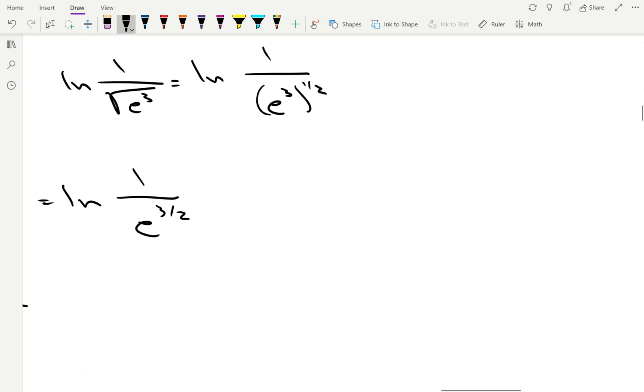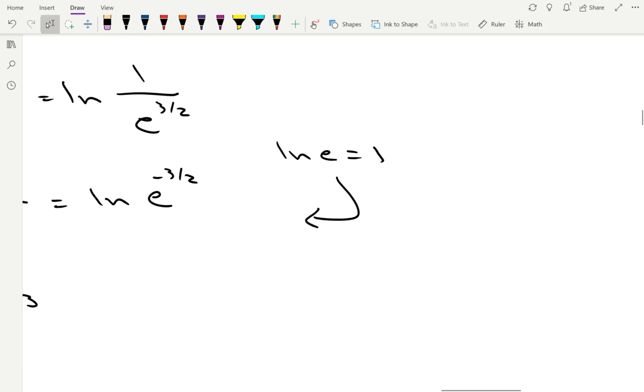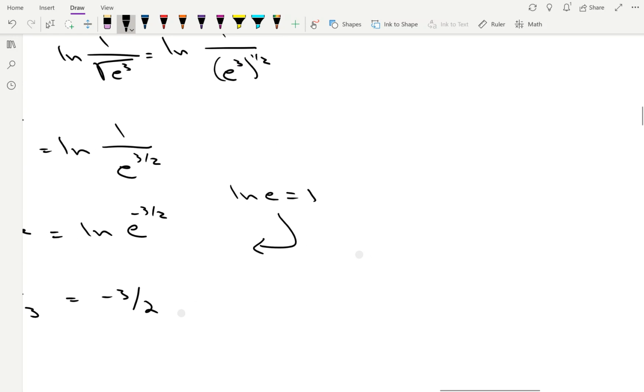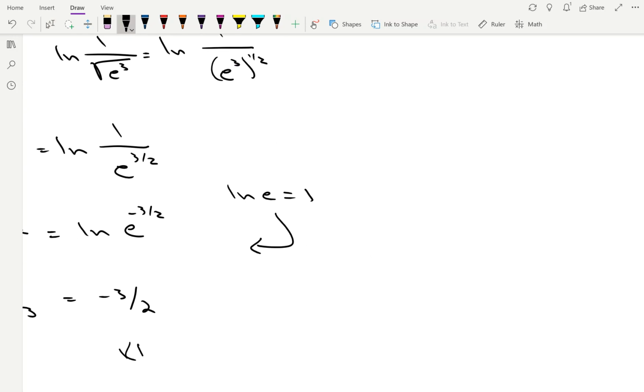If you bring it upstairs, you get ln of e to the -3/2, and we know the property that ln of e is equal to 1, so we'll use that and write it equal to -3/2.